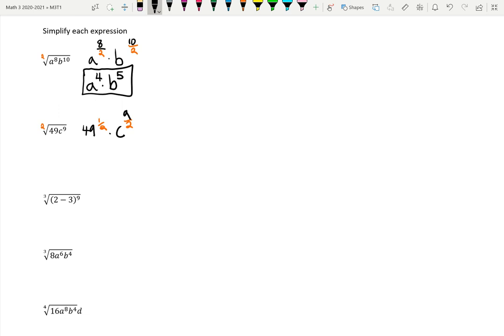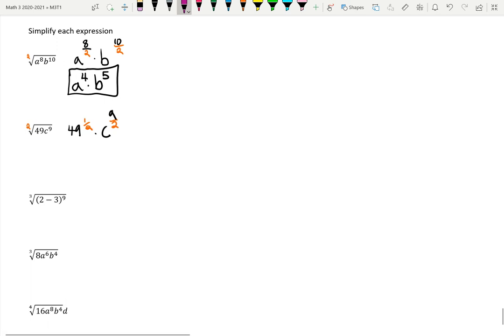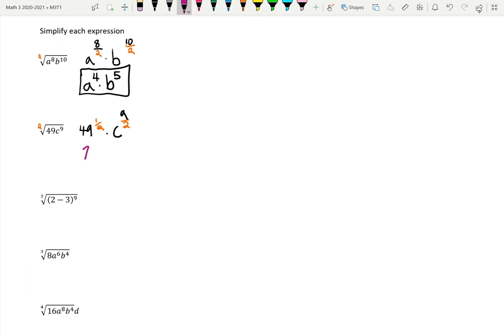So 49, what is the square root of 49? Essentially, is that what that's asking? Well, if I rewrite it as 7 squared, for example, I can think of 49 as 7 squared. This is to the 1/2 power, times c to the 9/2.